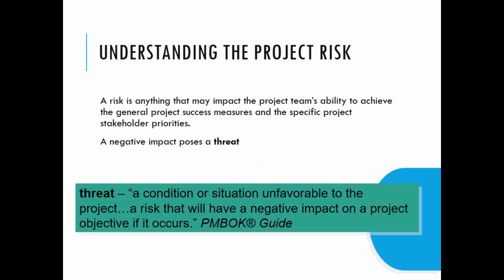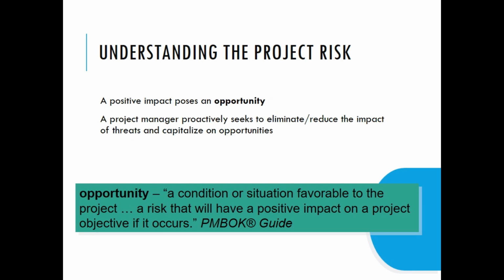A risk can be anything that may impact the project team's ability to achieve the general project success measures and specific project stakeholder priorities. A negative risk is also called a threat. Threat, according to PMBOK, is a condition or situation that is unfavorable to the project. Now, a risk can also be a positive risk.